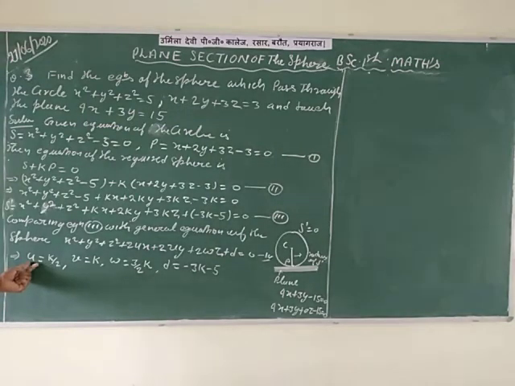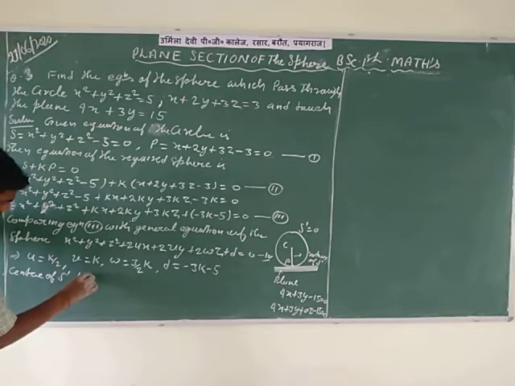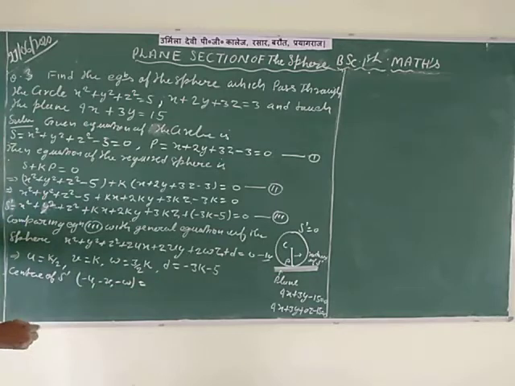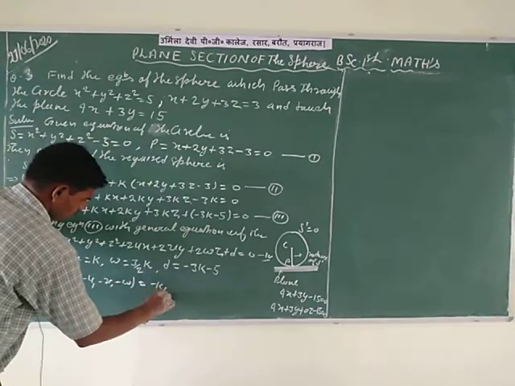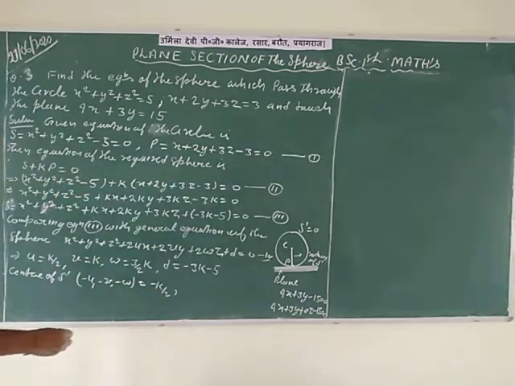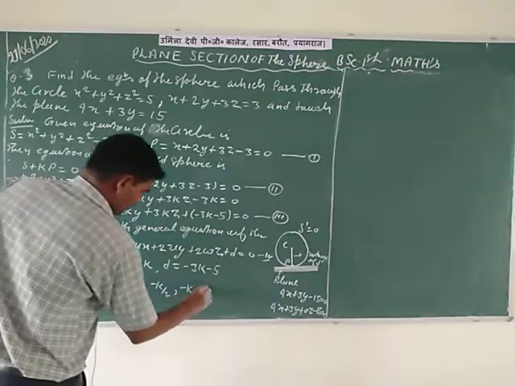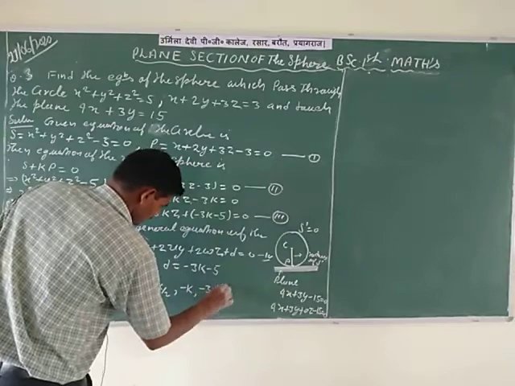So the coordinates of the sphere S dash: the center of S dash is (-u, -v, -w), which is equal to (-k/2, -k, -3/2 k).